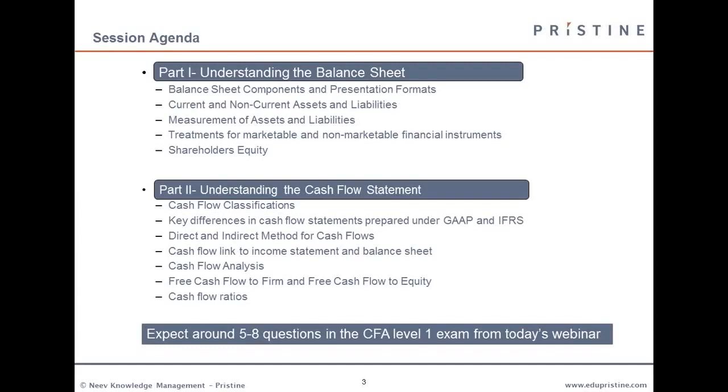And then we'll proceed on to the cash flow statement, where we'll see the cash flow classifications, the two methods used to interpret the cash flow statement, the direct and the indirect methods, and then we'll move on to the cash flow analysis and free cash flow.